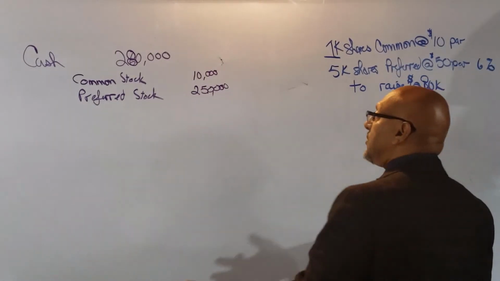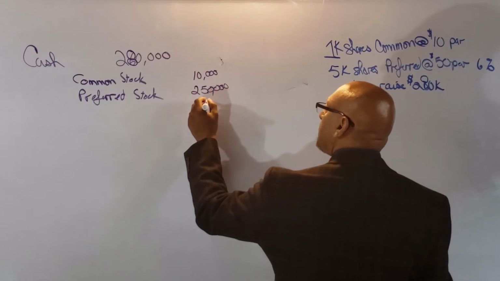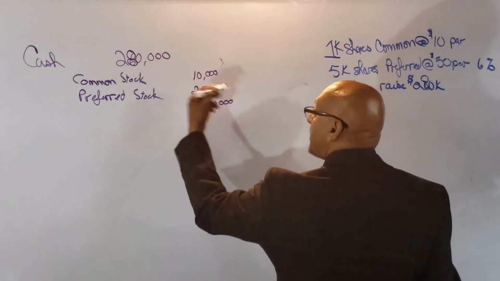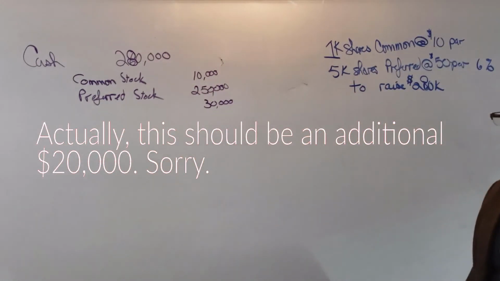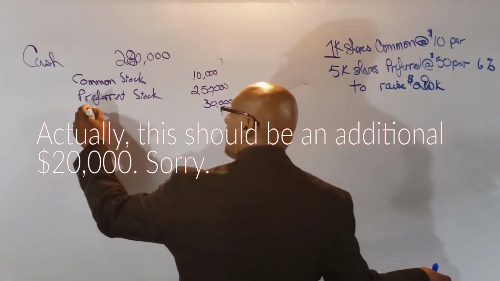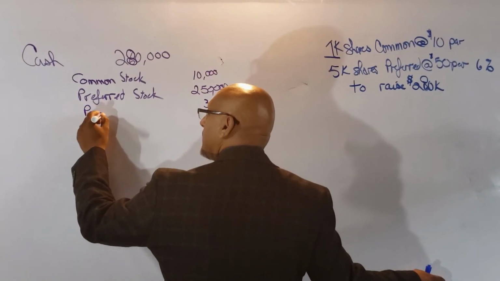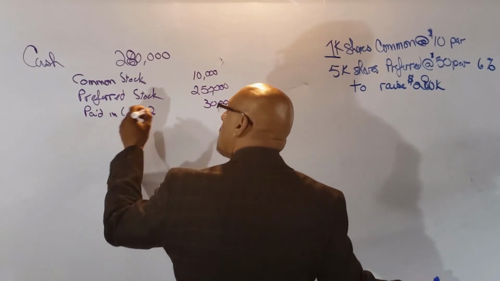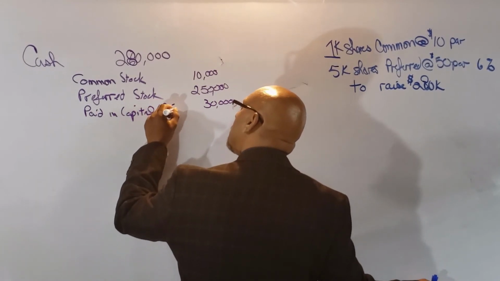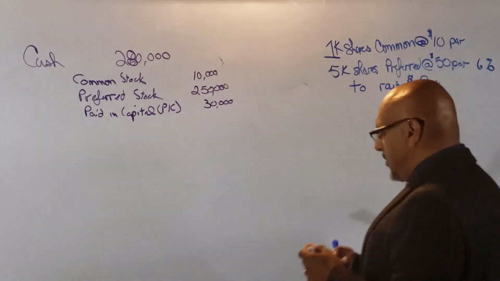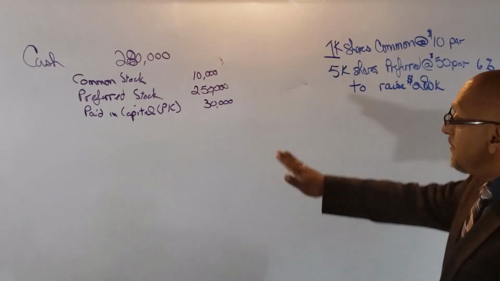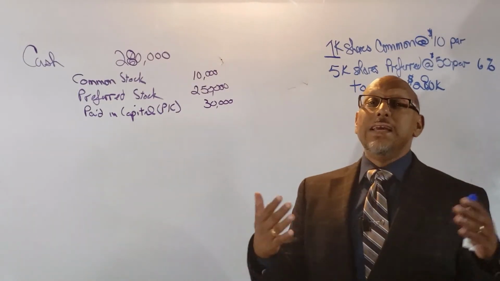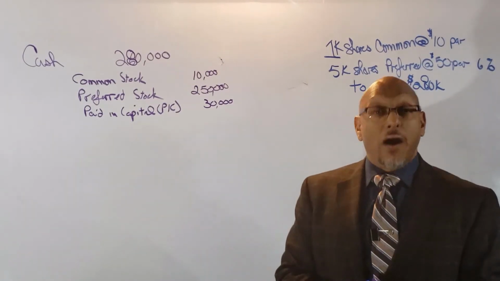Well, we need an additional 30,000 over here, right? Now this is in balance, but what account are we going to use? That is the paid in capital, or PIK. I will start saying the word PIK for this. So you're going to use the PIK. That means you're going to use paid in capital. The full name of that account is actually paid in capital in excess of par.